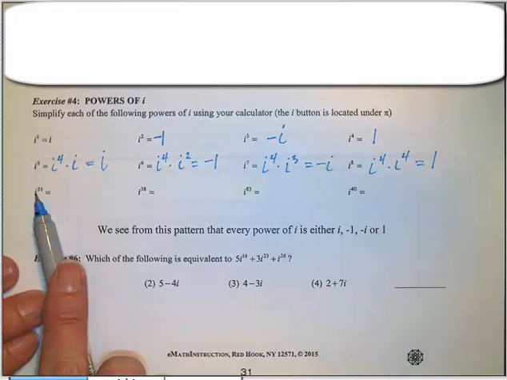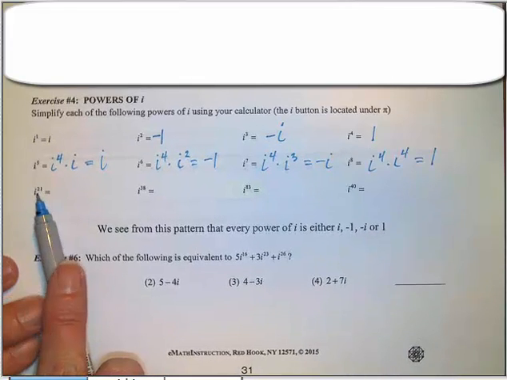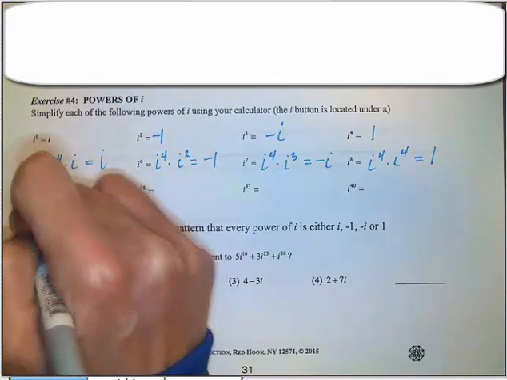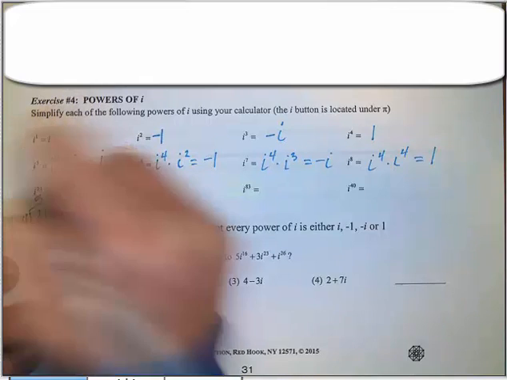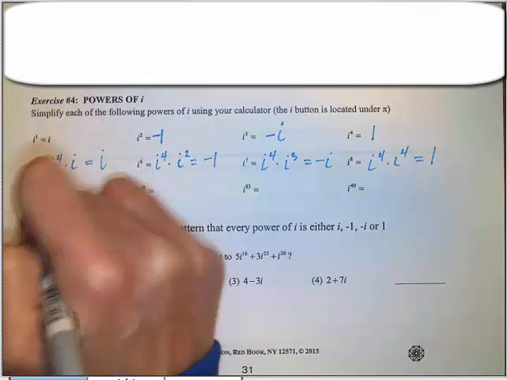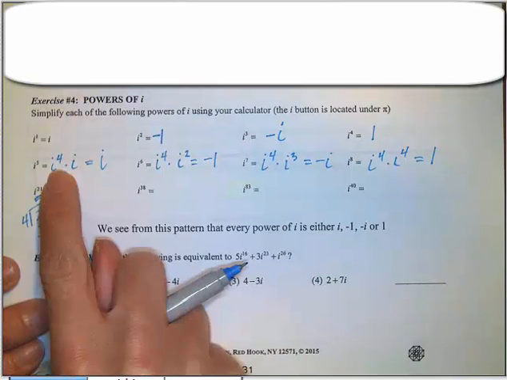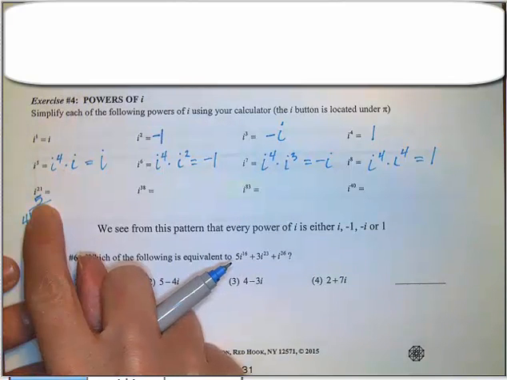So if I take 21 and divide by 4, it goes in 5 times. Well, I have a remainder of 1. So that means I have i to the fourth 5 times. So i to the fourth, i to the fourth.